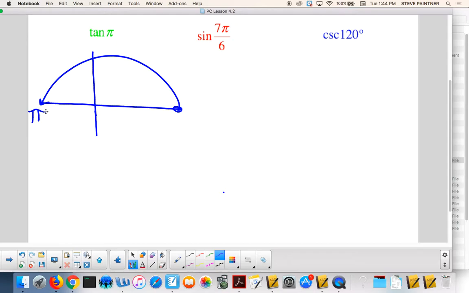What does that say? Tangent of pi? Yeah, it does. You can't read it, can you? Nope. I'm sorry. Tangent of pi.